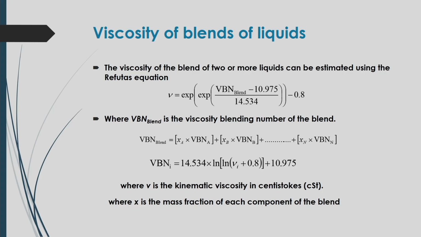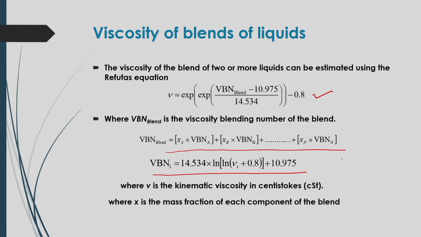So, the viscosity of a blend of two or more liquids can be estimated using the Refutas equation. This Refutas equation involves the viscosity blending number, which is defined by the equation shown in the slides, and for individual components this VBN is a function of the kinematic viscosity of the liquids.